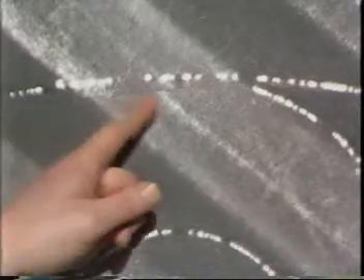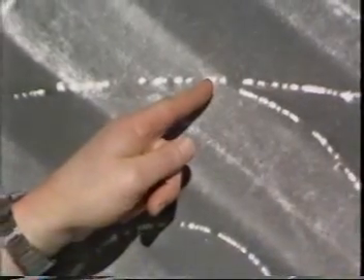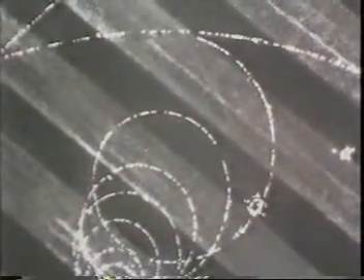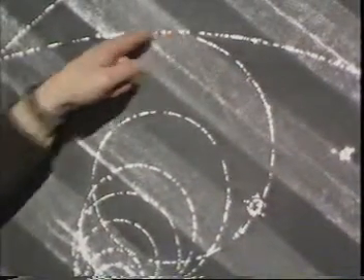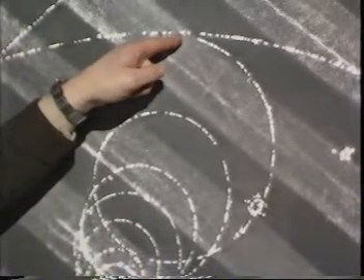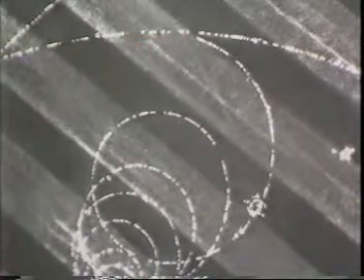Well, now you're looking at an actual bubble chamber photograph of an electron track. And if we follow it along, we find that at this point here, it seems to split up into two tracks. Well, what actually happens at this point is that the incident electron strikes a stationary electron belonging to an atom of the liquid.